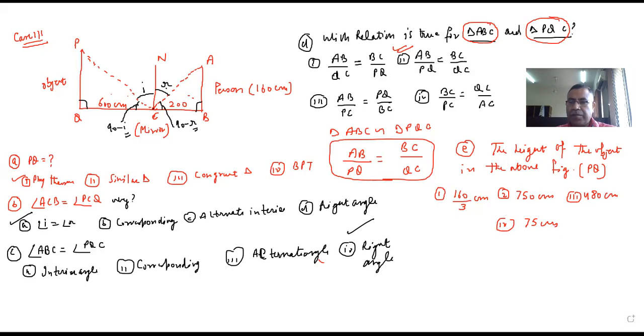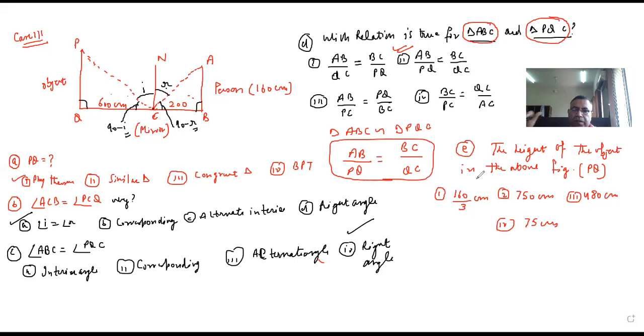After Har Amrit, the turn is of Harshita. If Har Amrit will not give the answer, then the question will be taken by Harshita. Okay, sir.